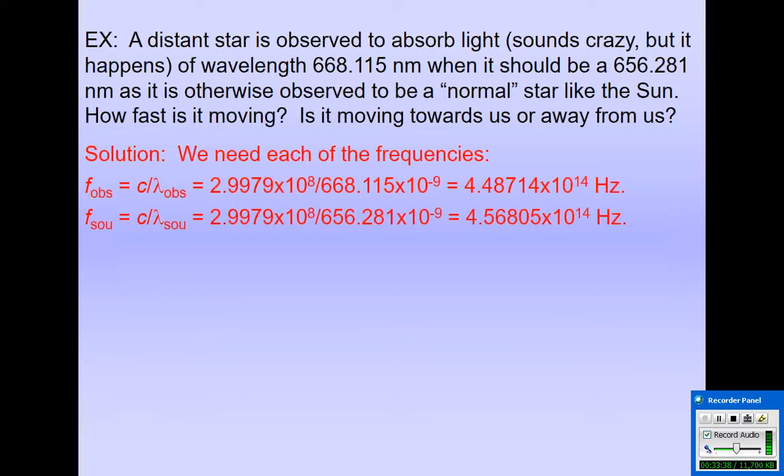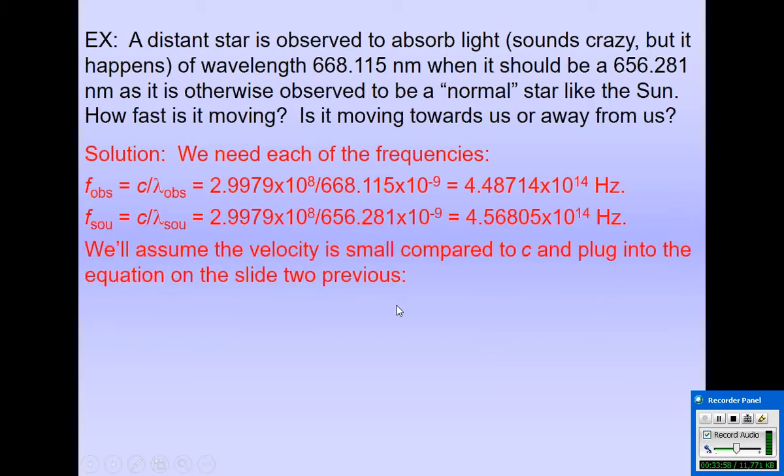Whereas the source frequency, same calculation, but with 656.281 nanometers, is 4.56805 times 10 to the 14 hertz. So they appear to be pretty close to each other, which is why I show so many significant figures, because we're going to have to take a difference. We're going to assume, because of the relatively small difference between those numbers, that the velocity is small compared to the speed of light.